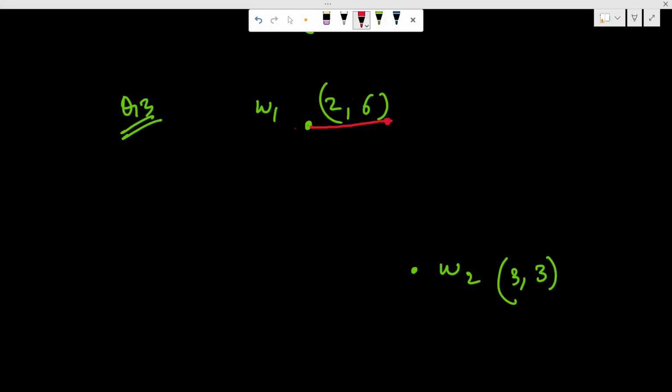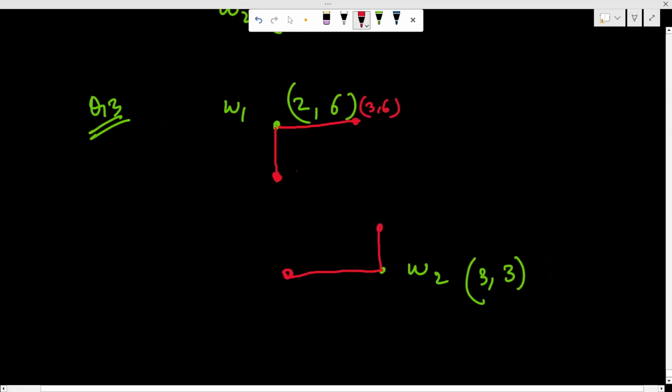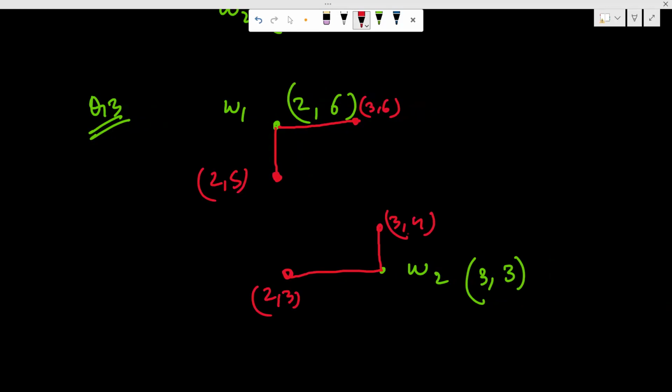Do you guys agree with me or not? So these coordinates will be, if I'm not wrong, 3, 6. It will be 2, 5. This will be 2, 3. And this will be 3, 4. Do you agree that after 1 second, the conditions will look something like this?